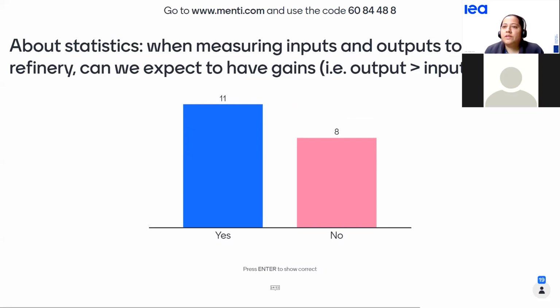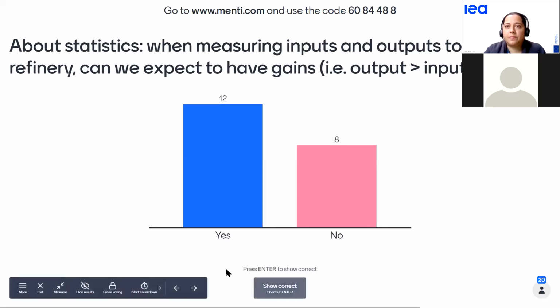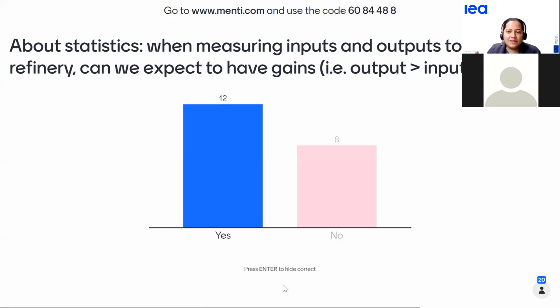So we see that many of you think yes, and some said no. So the right answer is yes. That's why I gave you some hints about the energy terms.